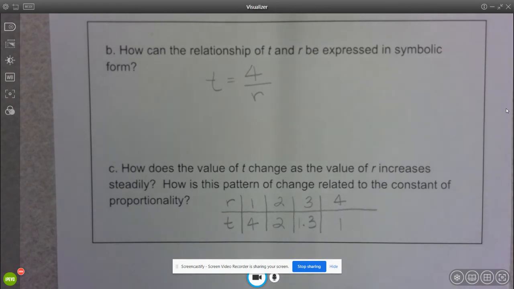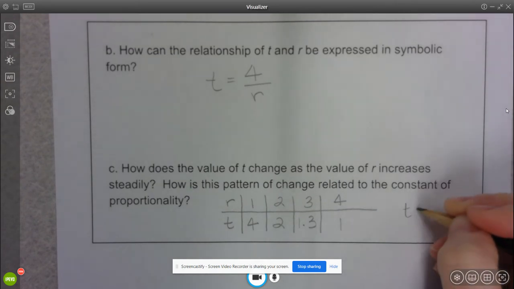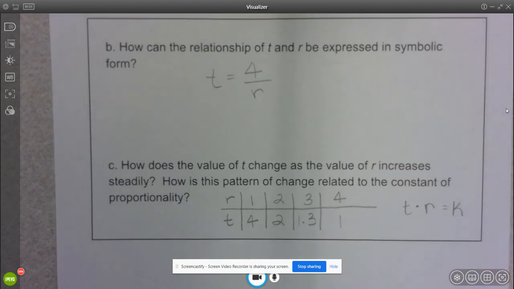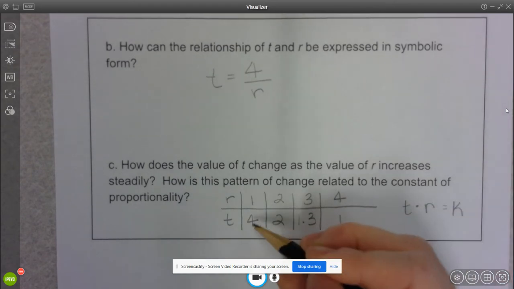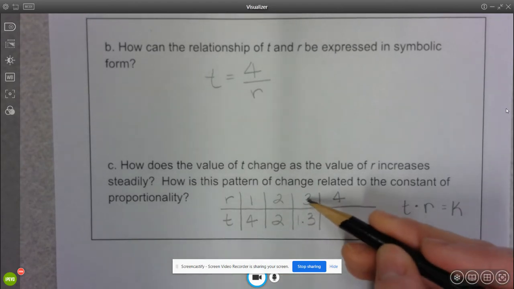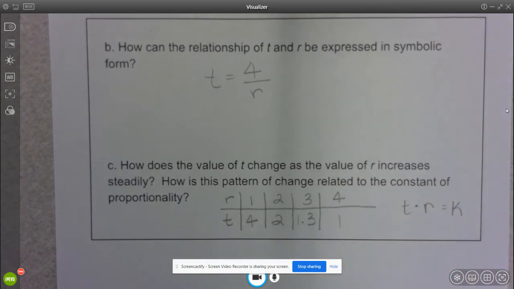So, since this is inverse, I need to look at the value of t times the value of r to determine if I have the same k value. Well, 4 times 1 is 4. 2 times 2 is 4. 3 times 1.3 rounds up to 4.